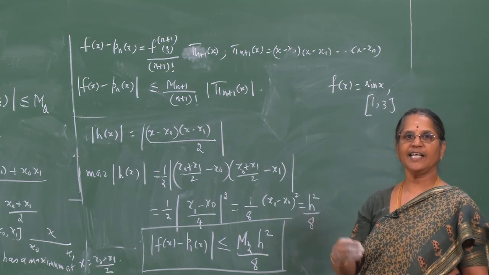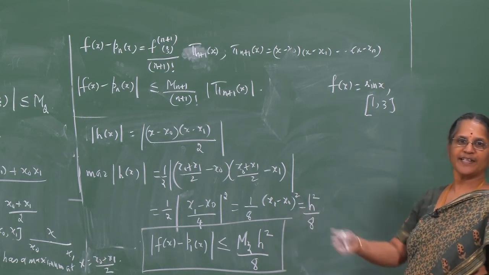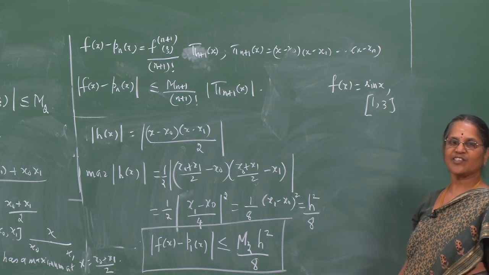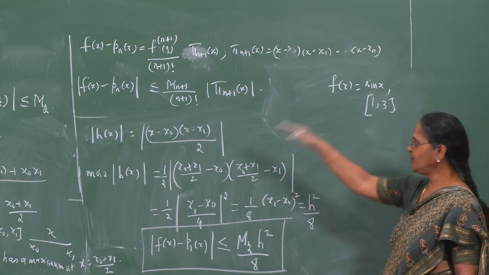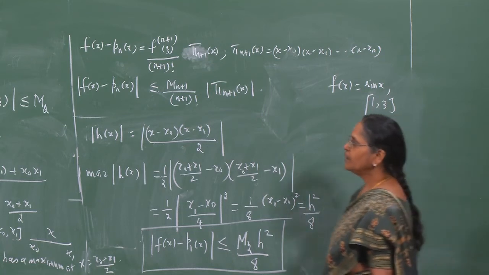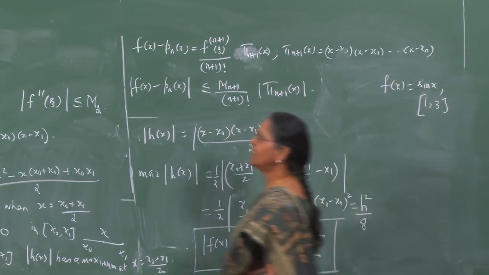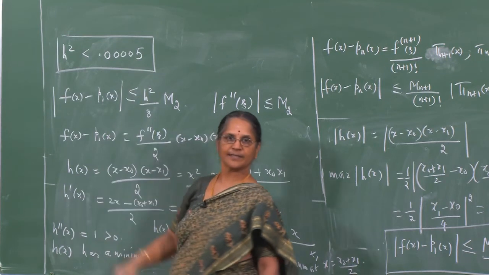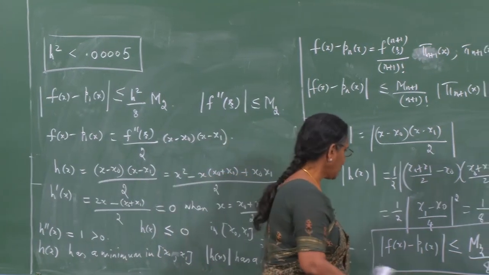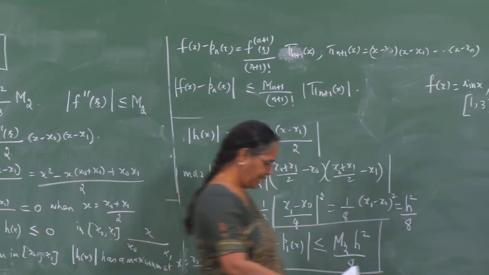So, what should be the step size h such that the result is correct to 4 decimal places? That was the problem which we had solved earlier, but we used a different error bound. We shall now make use of this error bound and work out the same problem.